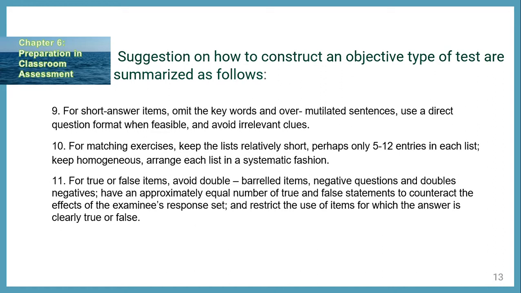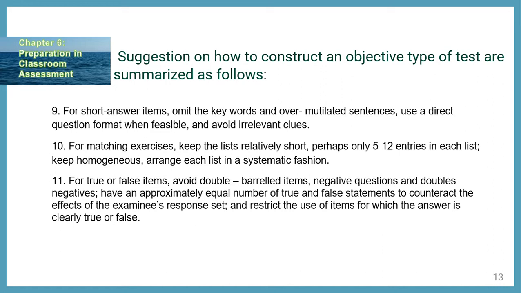Okay? For matching exercises, keep the lists relatively short, perhaps only 5 to 12 entries in each list. Keep them homogeneous. Arrange each list in a systematic fashion. Okay? We do not have to do a lot of numbers here in the matching exercises. So 5 to 12 entries will be enough. Okay?